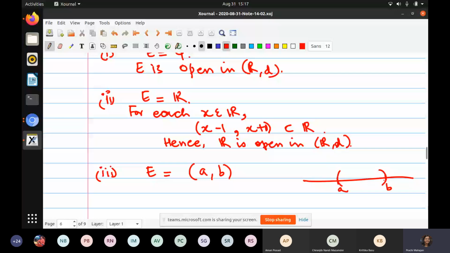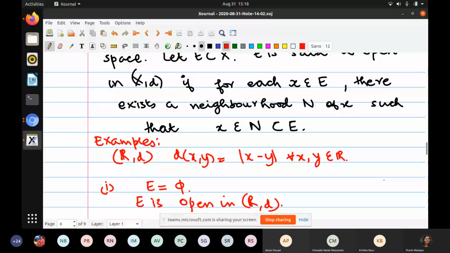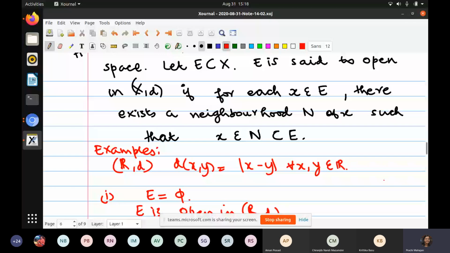Is the set E open in the Euclidean metric space in the sense of the definition I have given here? I have to show that for each point in E, there is a neighborhood of that point that is entirely contained in E. So do you all agree? Is this open? Is this not?